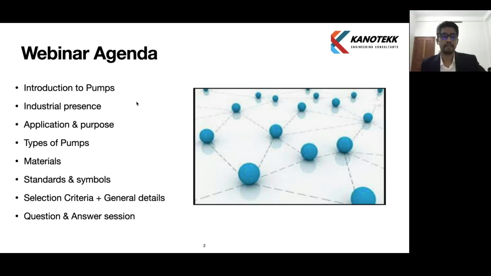Because each pump has certain advantages and disadvantages, so we will discuss all those types. We will see what materials are used, how to select a material, and what the standard symbols are. Symbols are just for our information. When we see a drawing, we have to recognize which type of pump it is, so we will see what symbols are available. Similarly, we will see the selection criteria and general details, like what pumps we see in the industry, why certain pumps are widely seen and why some are not seen much. Those things we will discuss, and then we will go to the Q&A section.